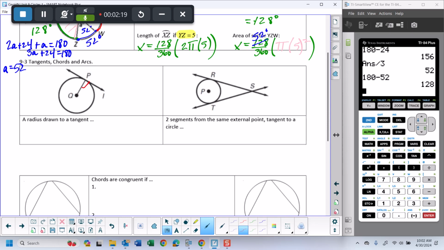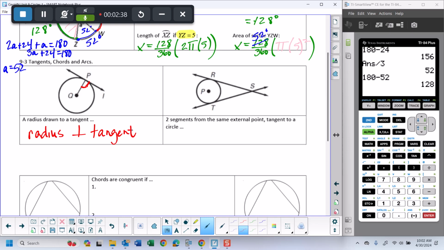If a radius is drawn to a tangent, then the radius and the tangent are going to be perpendicular. Any radius drawn to a tangent is going to be perpendicular.